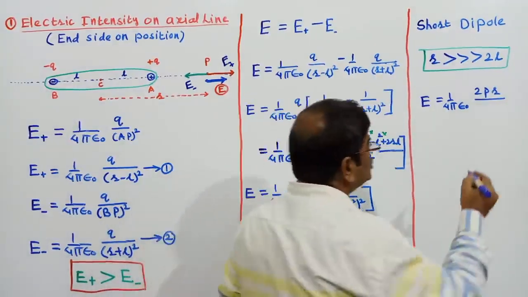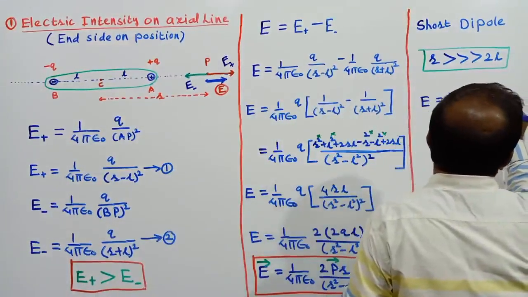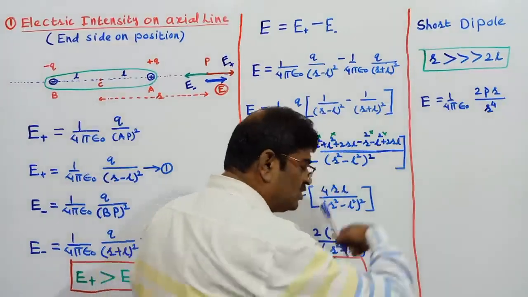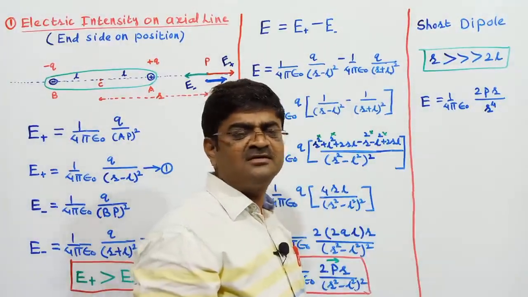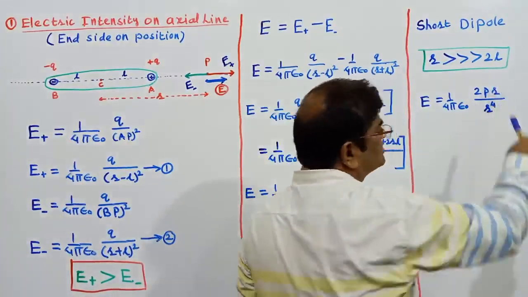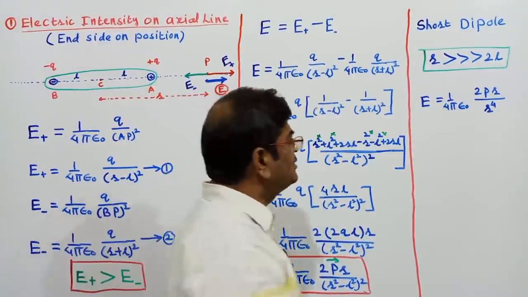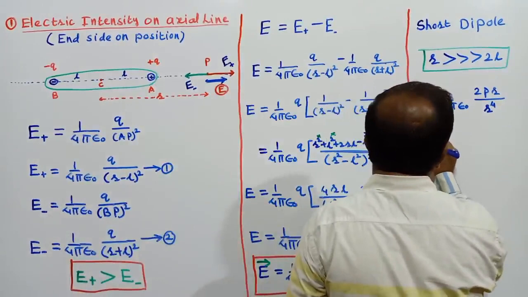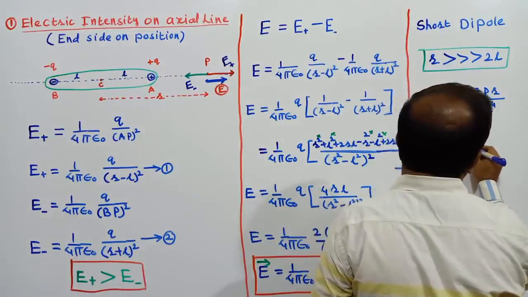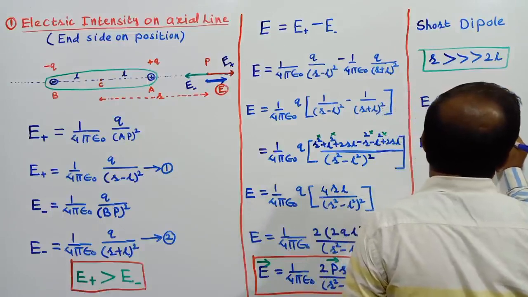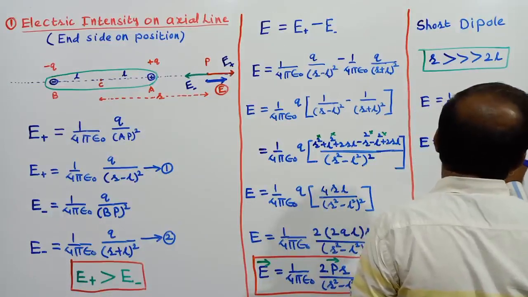And if I do so, in the denominator I will have r to the power 4, r square whole square is there, r to the power 4 I get. And I can cancel now 1 r with this numerator. And I get then E equals 1 upon 4 pi epsilon 0, 2p by r cube.